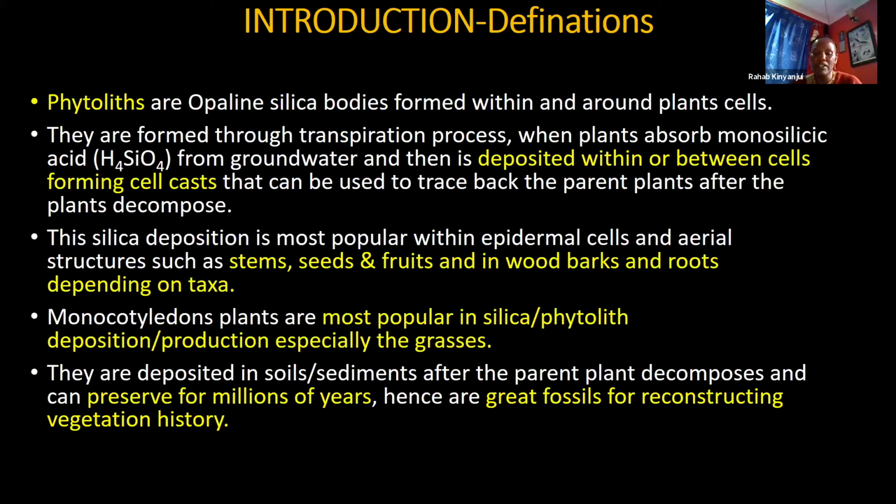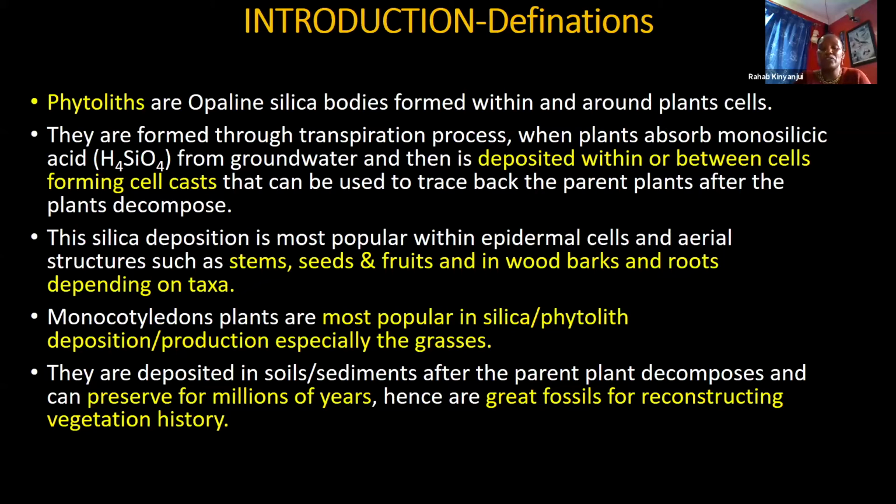Mostly they are deposited in the stems, seeds, fruits, the bark of the wood, and roots, depending on the taxa that is depositing them. Mostly the monocots are the most prolific in silica deposition and subsequent production, especially the grasses. We have quite a number of types that are diagnostic.